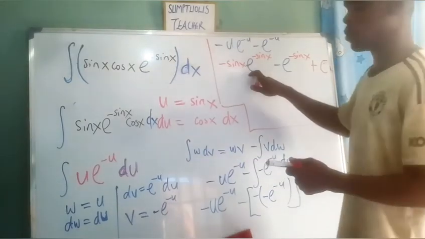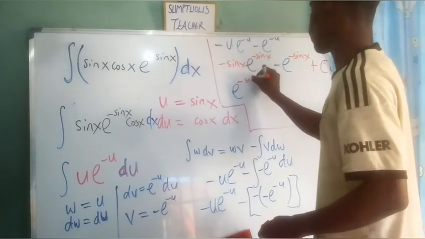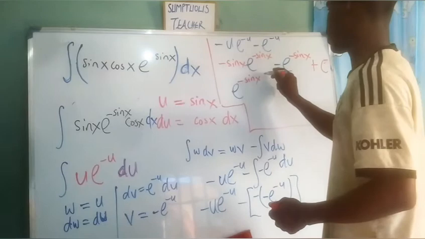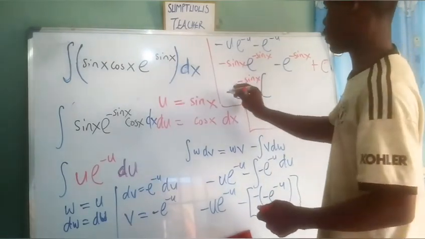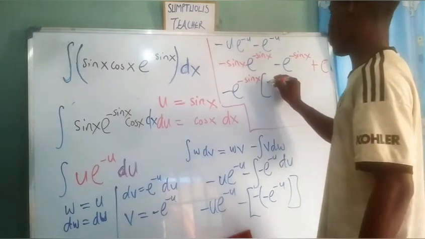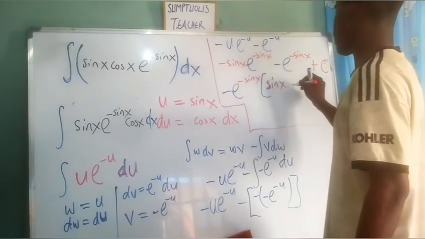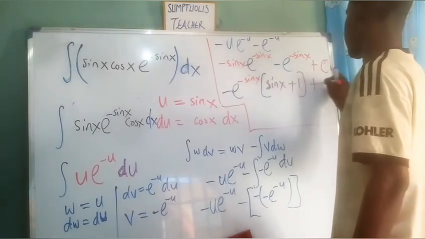Great, so we can take this out, e to the negative sine of x, which is common, and we have the remnant inside the bracket, which is, okay, we can either take negative out. We have sine of x plus 1, plus some constant c.